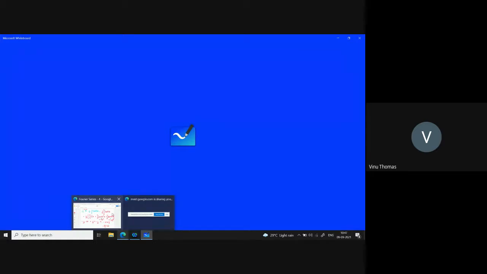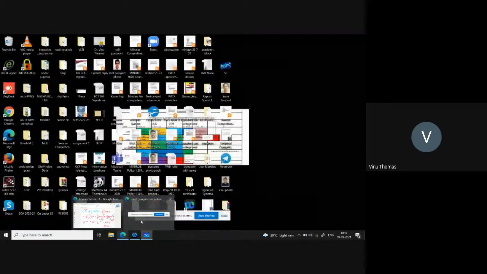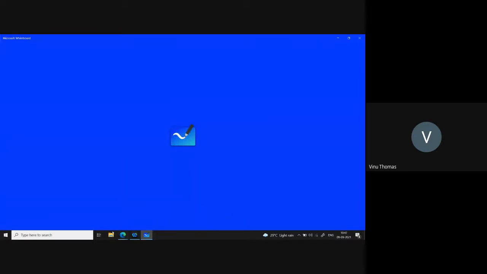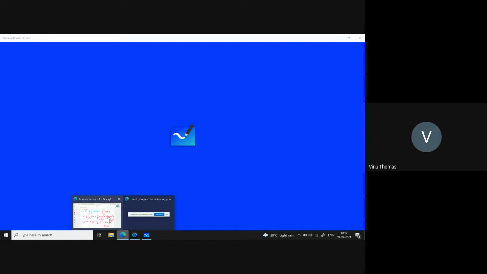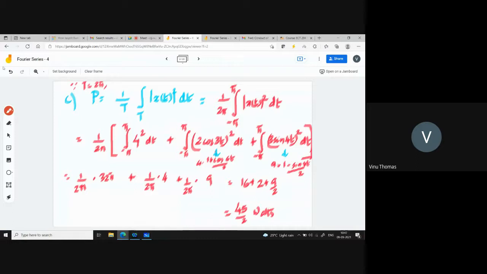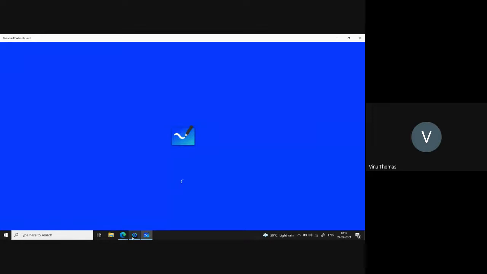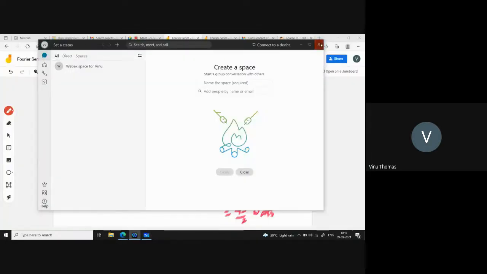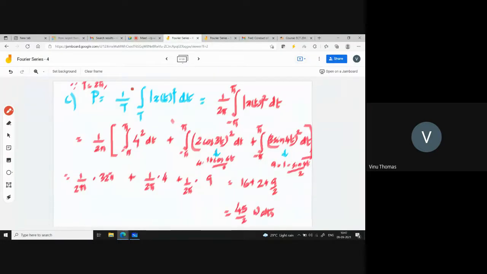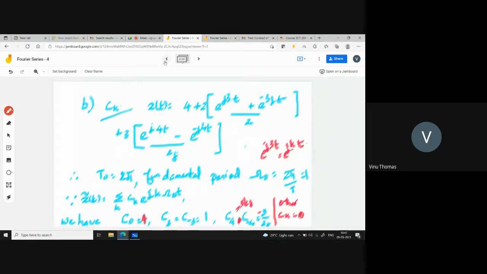The line spectrum gives you some interesting results. Let us plot Ck.